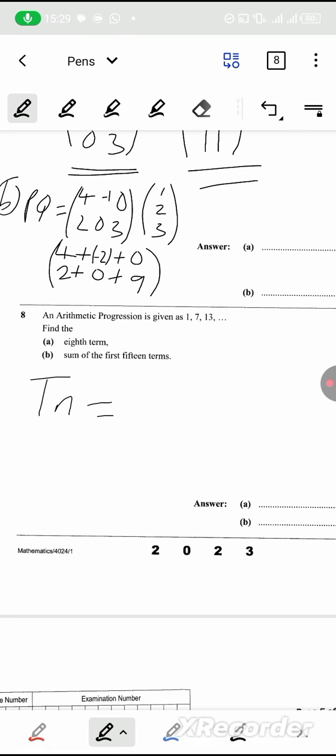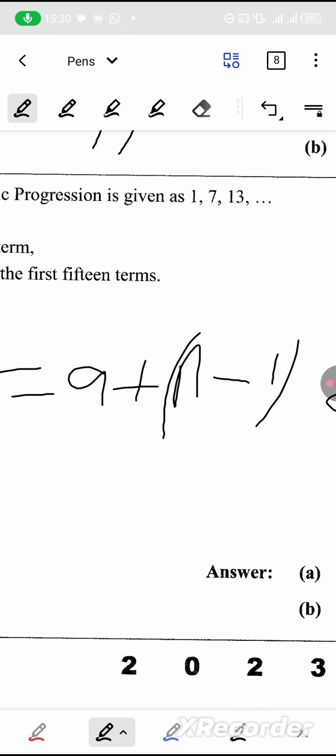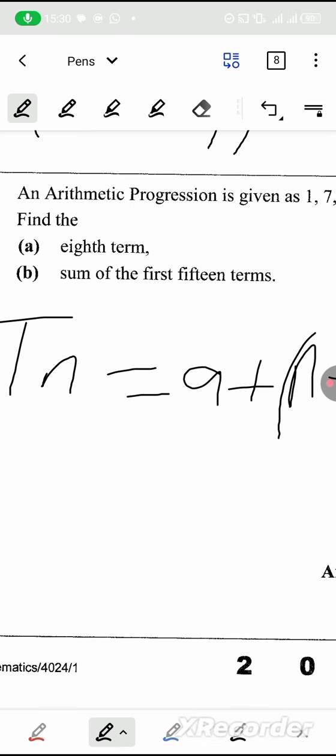So nth term is equal to A plus (n minus 1) times D. That is the nth term.